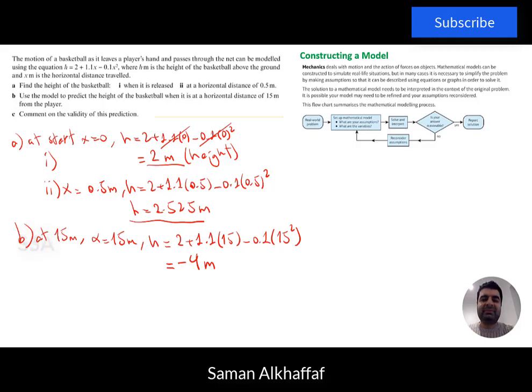So in this scenario, for part C, we need to comment on the validity of this prediction. For part C, we need to say that height cannot be negative.